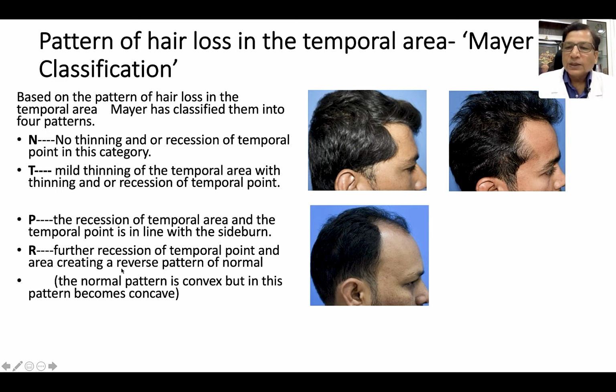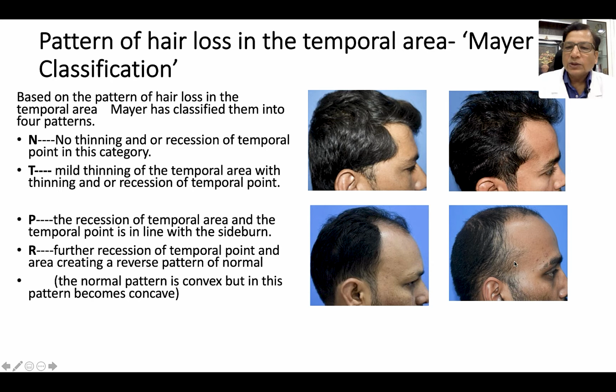Although it's not a good example, the thinning is caused and there is a concave. Usually there is a pointing here, temporal point is here, but in this area it becomes concave. So this is called reverse pattern or R pattern. The normal pattern is convex, but in this the pattern becomes concave, as I said.